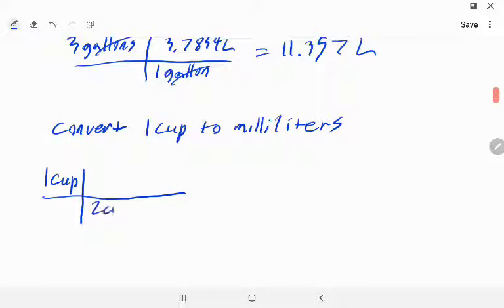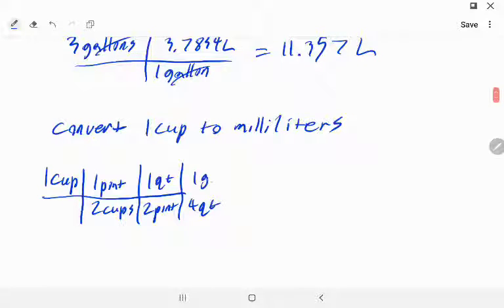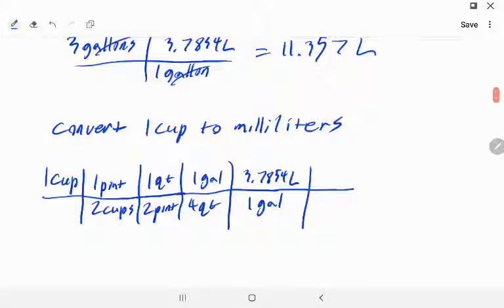We know there are 2 cups to a pint. We know there are 2 pints to a quart, 4 quarts to a gallon. Then we can say that there are 3.7854 liters to a gallon. And then we know that there are 1,000 milliliters to 1 liter.